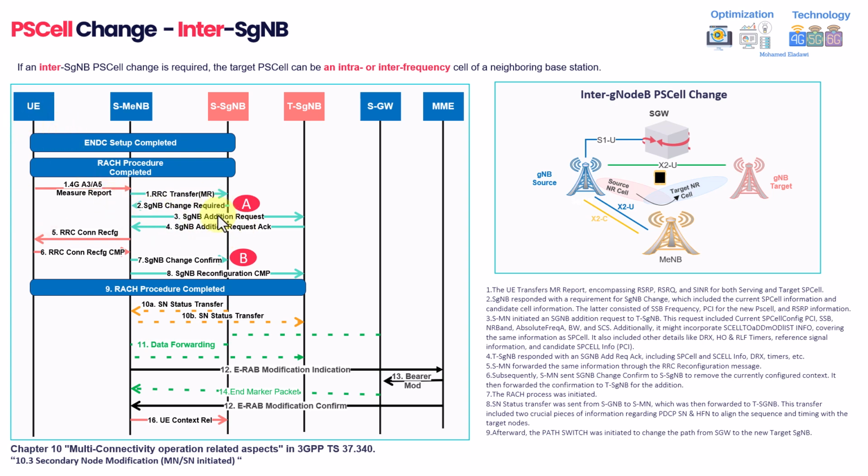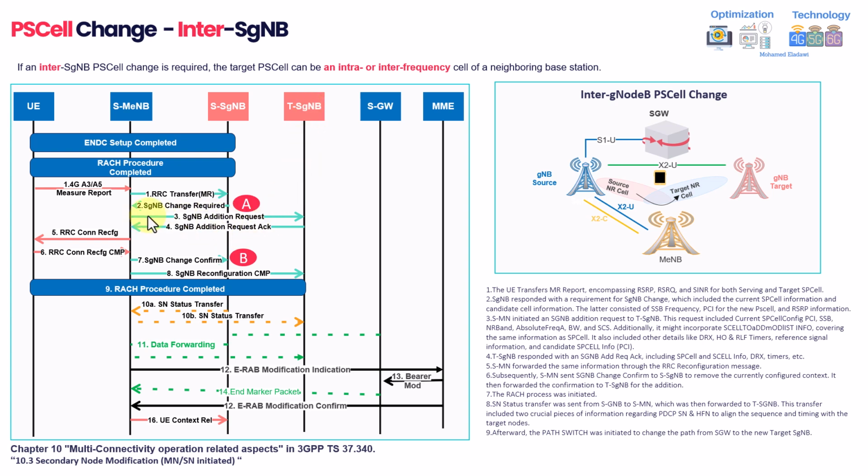Just one quick thing that we'll also highlight in the troubleshooting method. Assuming there is a missing neighbor between this serving master node and this target secondary node or SgNB, yes, there will be a handover attempt at point A, which is at SgNB change required. But if there is a missing neighbor or an X2 definition issue between this one and this one, the handover will fail.